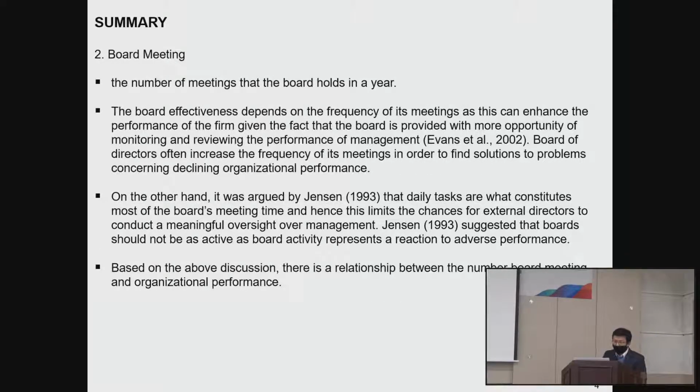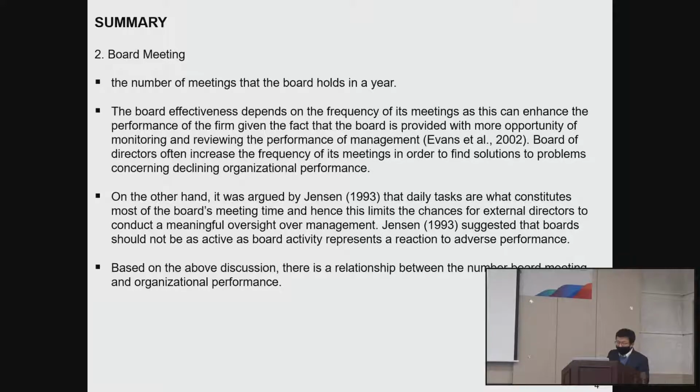Second, board meetings: the number of meetings that the board holds in a year. Board effectiveness depends on the frequency of meetings, and this can enhance the performance of the firm, given that the board is provided with more opportunity for monitoring and reviewing the performance of management.